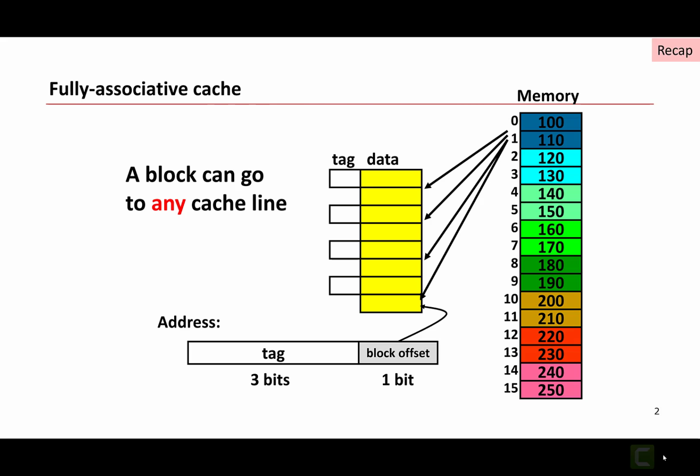The first one is a fully associative cache. In this cache design, a given cache block can be stored in any one of the cache lines in the cache. So for example, in this picture, I have 4 cache lines, and a blue cache block can be stored in any of those 4 cache lines.